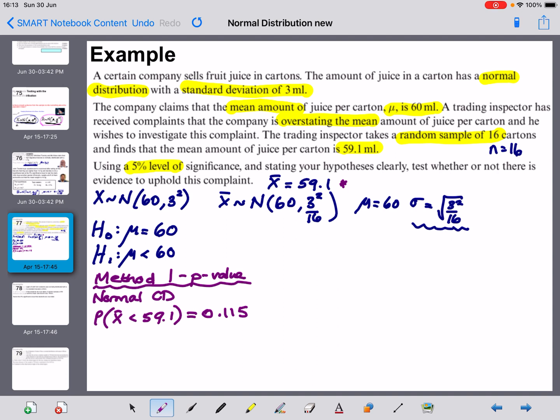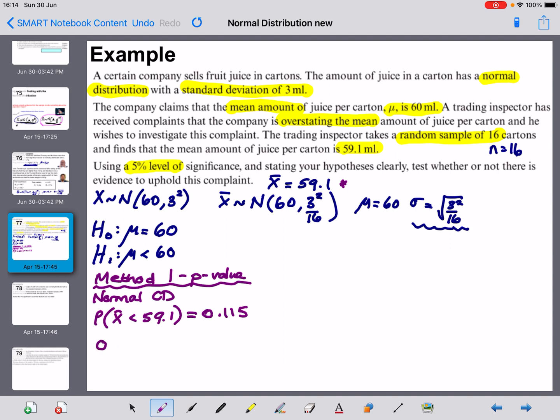So even though it's small, it's not that small, which means it's not particularly significant. We would need a teeny tiny percent chance of something happening, that if it was to happen, then that would be significant. So that 11.5% is not small enough to say that what the trade inspector found is significant.